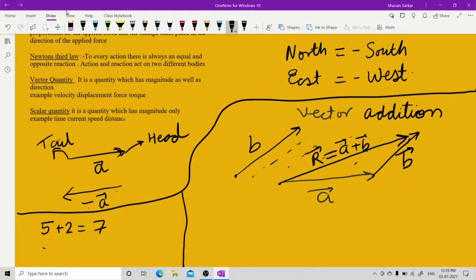But here, if I write 5 vector plus 2 vector, this does not mean 7 vector. Note this. In physics, this is not the idea, always. In maths, this is okay. But in physics, this is not okay.